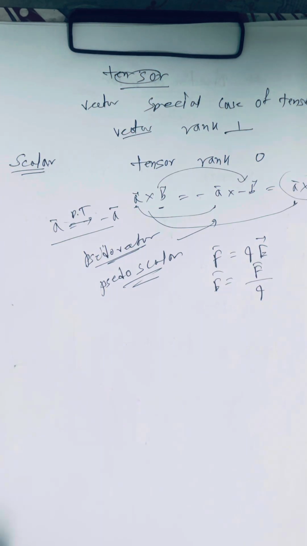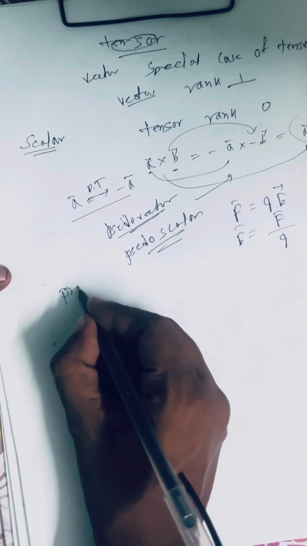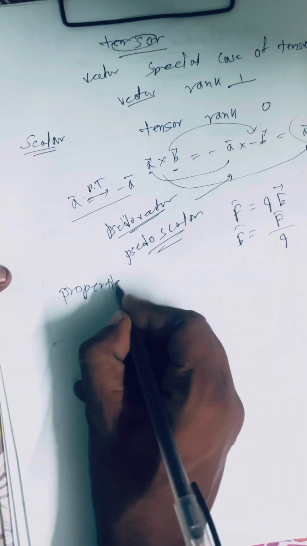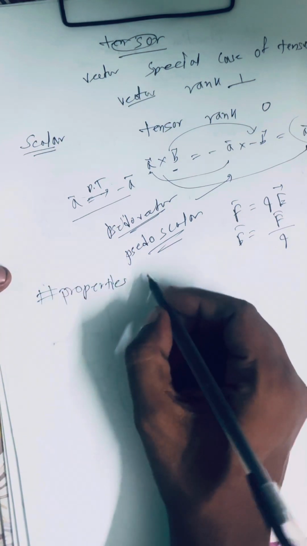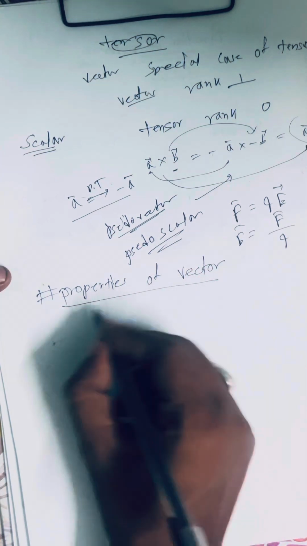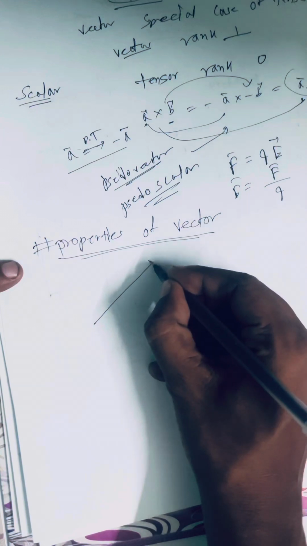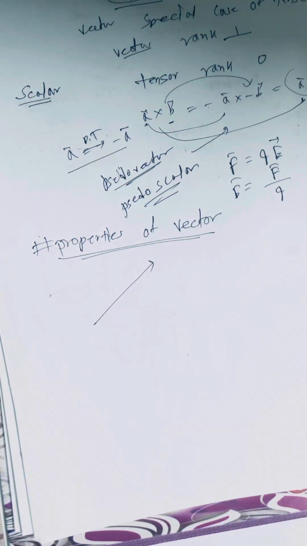Now I'll say what is the properties of vector. My main focus is vector. Look, I draw a line with the top of this arrow.